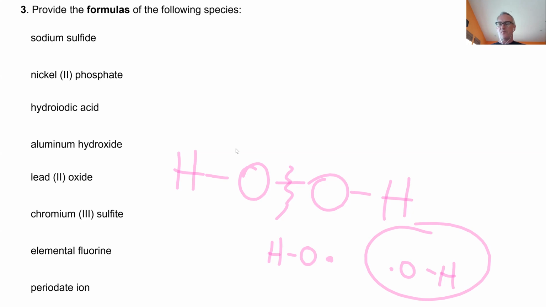What's the difference between that and hydroxide? Hydroxide ion has an even number of electrons. Okay. And so it has a charge. Peroxide has an odd number of electrons and isn't charged. That's the difference.